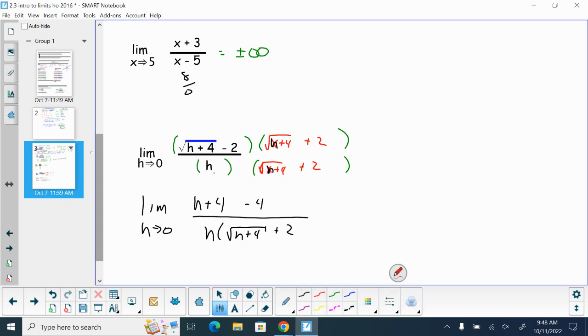Because what will happen nicely, the 4s will cancel out. So we're left with h over h times the square root of h plus 4 plus 2. And then our h's will cancel out.